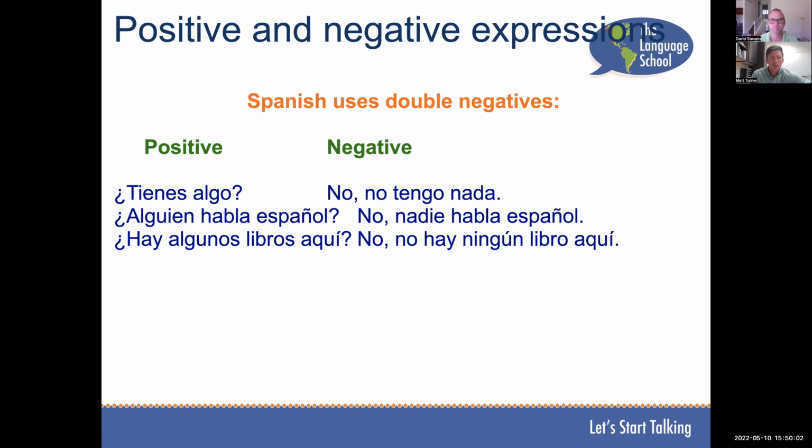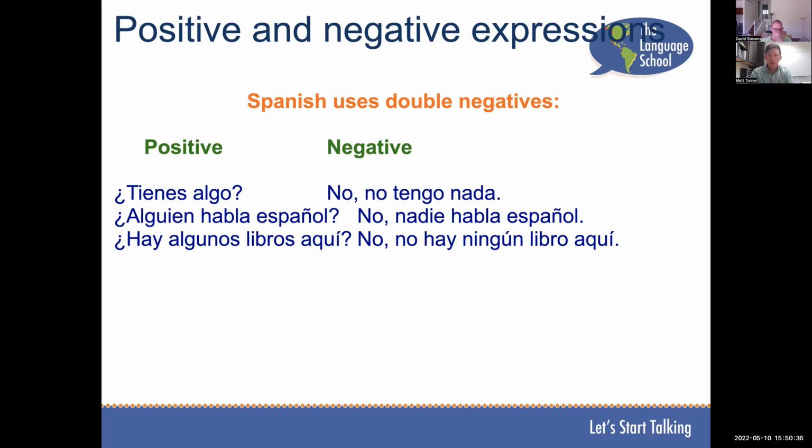Yep. So and then alguien habla español. In the question you're saying, does anyone speak Spanish? In the negative, you're saying no one speaks Spanish. Nadie. Okay, and then hay algunos libros aquí, and no hay ningún.